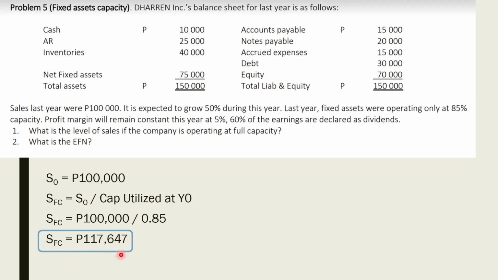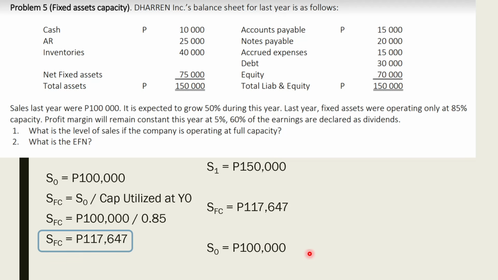While there is still excess capacity that can be utilized for your fixed asset purposes, this is not enough to meet next year's demand of 150,000. Sales last year are 100K. At full capacity, we can accommodate 117,647. But next year, we expect sales to be higher than that, at 150,000. This is a situation where you have excess capacity, but the excess capacity is not enough to cover the entire sales for the coming year.